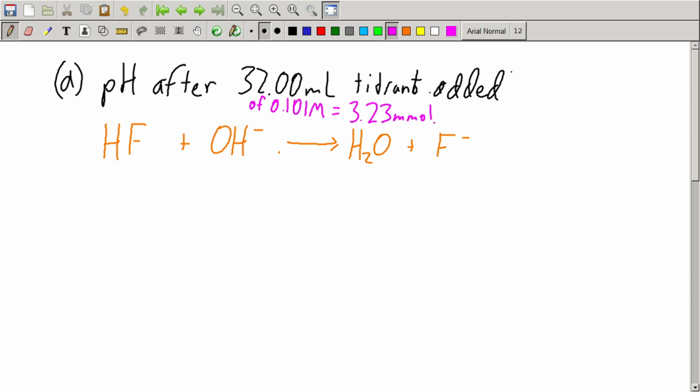Okay. So if we start with 2.47 millimoles of HF, we add 3.23 millimoles of hydroxide ion. That means the HF is going to limit this.